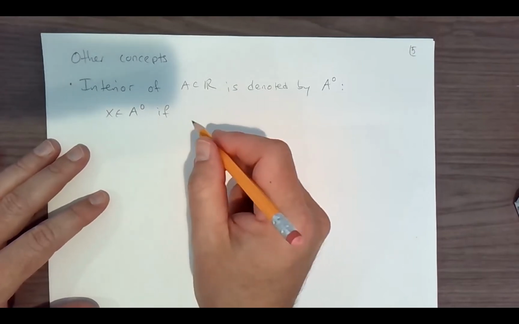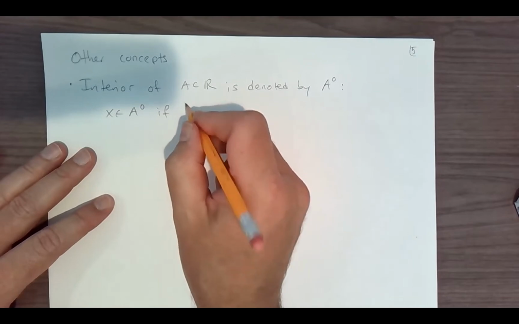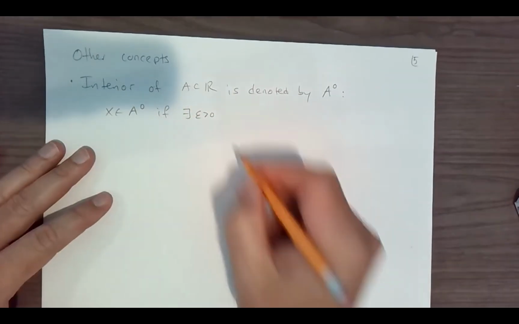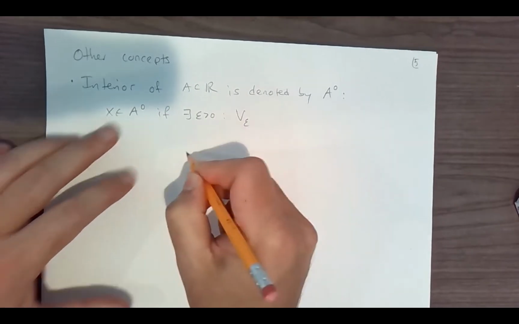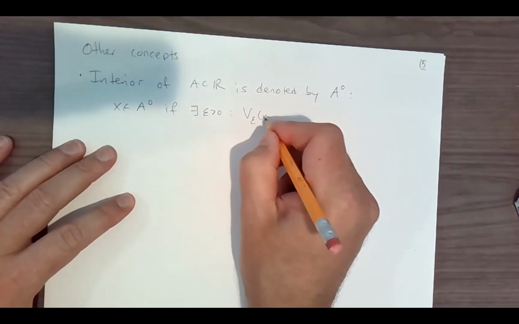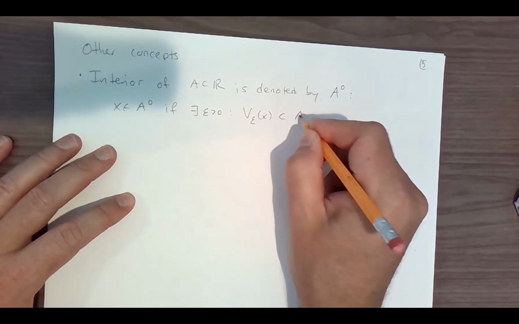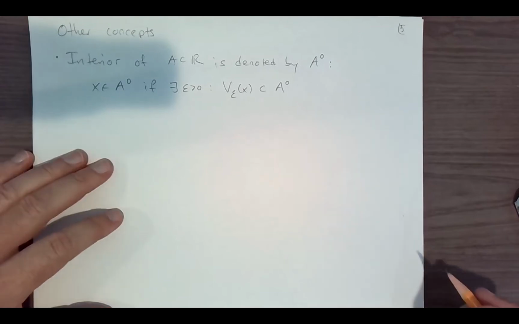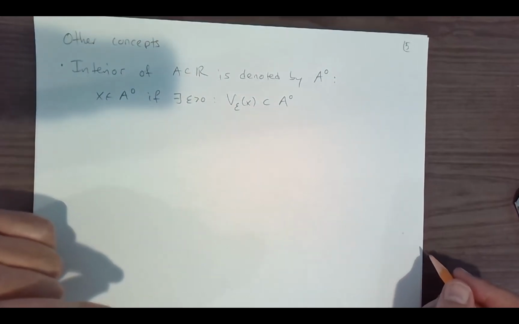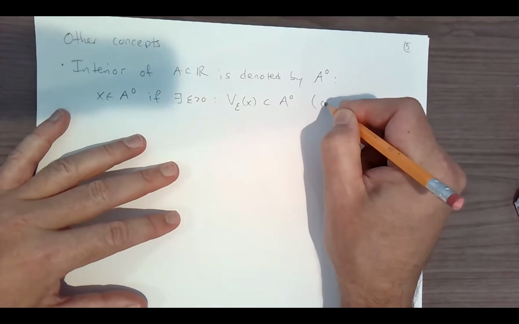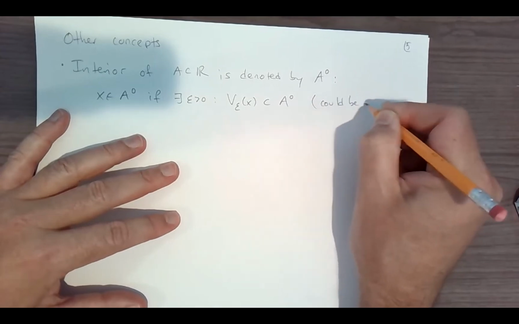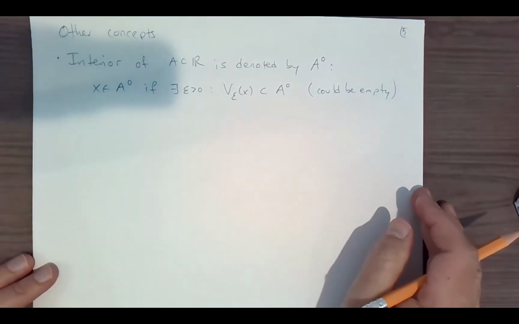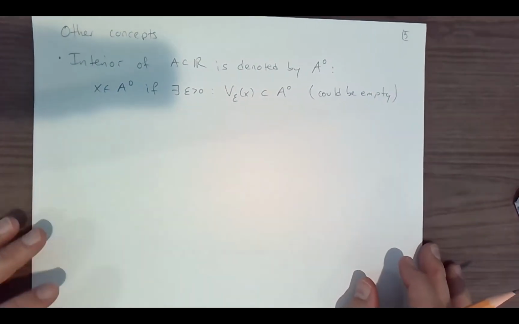That is, there exists an epsilon such that the ball of radius epsilon, center x, is inside the set. So it could be empty. We'll see a few examples coming up when I'm done with all the concepts.